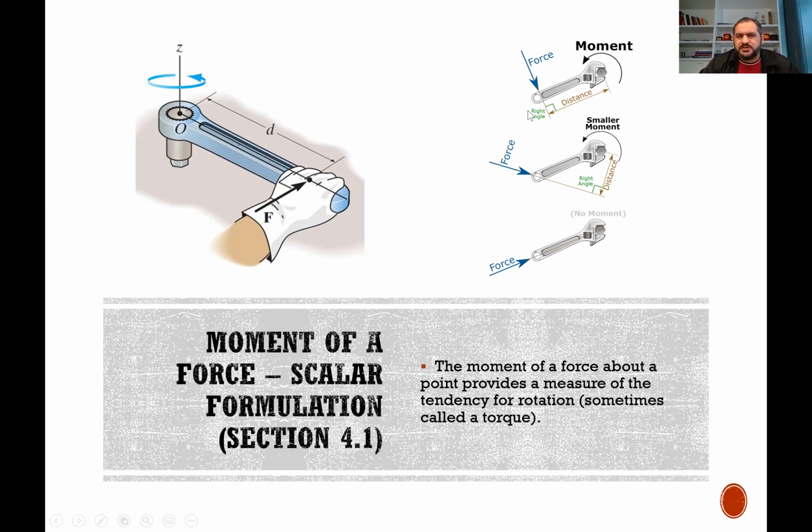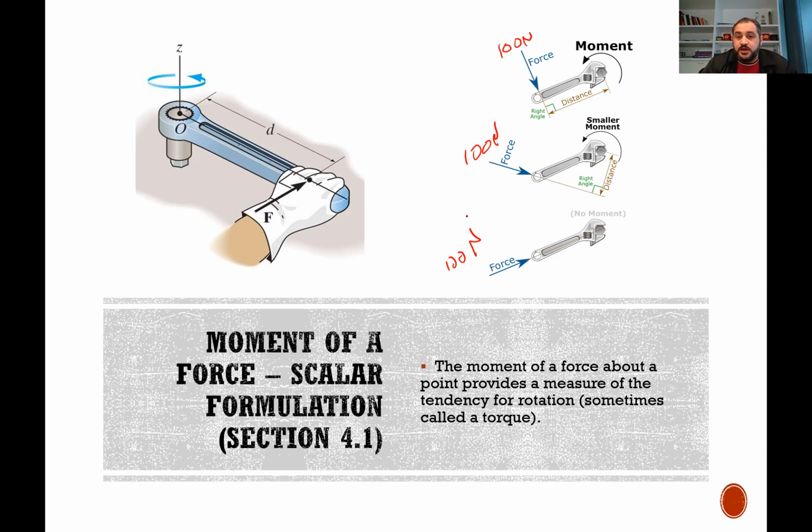I give a picture here of different case scenarios when we have a similar force. Let's say this is 100 Newton here. Then we can see a different moment being generated in each case.